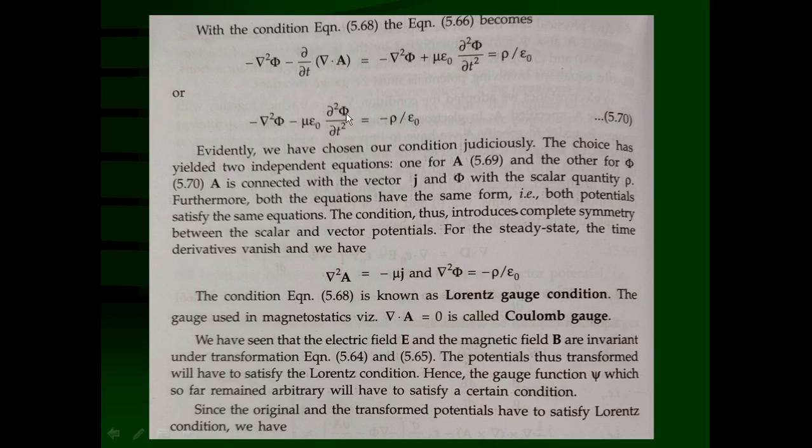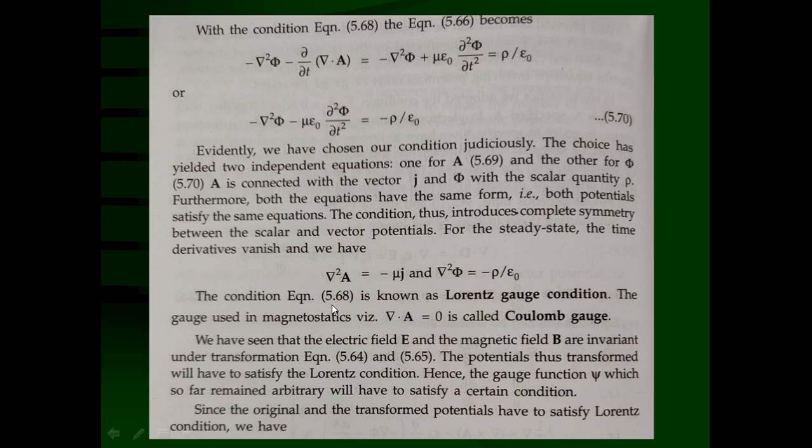So the time derivative vanishes, and we can say that del square phi is equal to minus rho upon epsilon 0, and del square A is equal to minus mu times the conduction current density J. So this equation becomes specific in a static condition, otherwise it is a general equation related with the scalar potential as well as the vector potential.